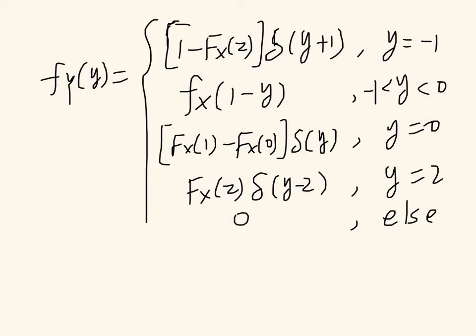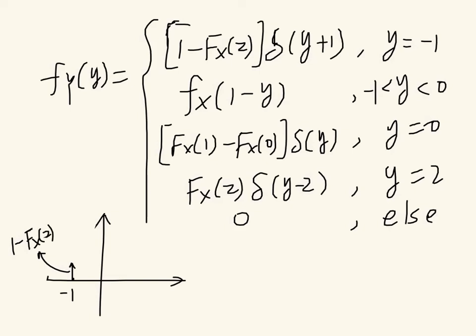So we can draw the PDF of Y. When it equals minus 1, it should be an impulse where the value is 1 minus F_X(2).